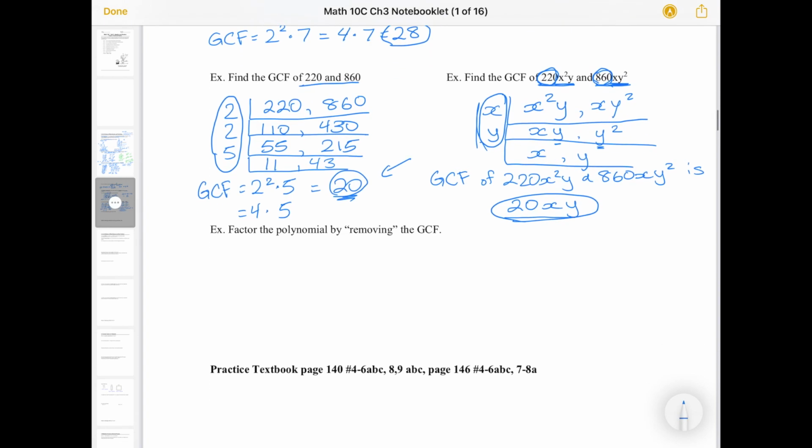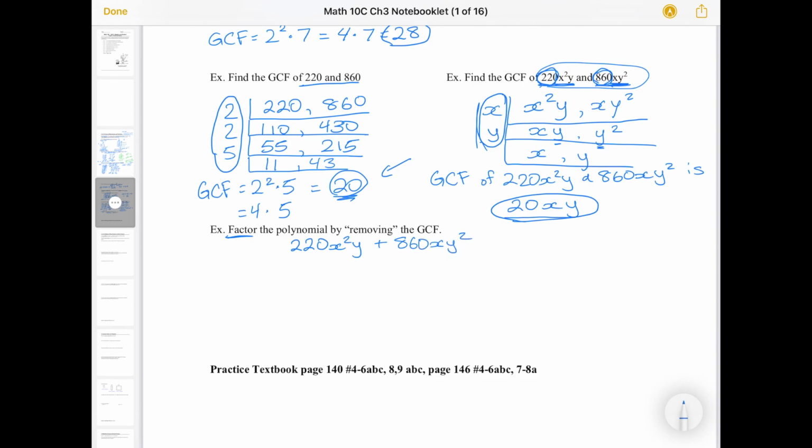Okay, so now the last thing I want to do, and it is a bit of an extension of the accumulation of what we've been doing today, is to factor the polynomial above, so this one, by removing the GCF. I should have written it again, but I'll write it here, and you should write it as well. So 220 x squared y plus 860 xy squared.